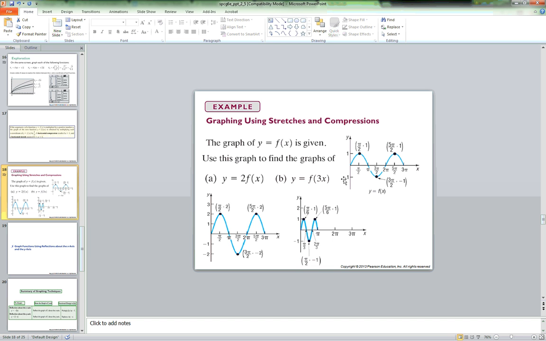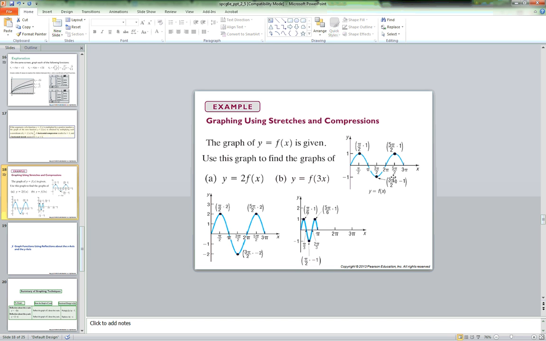So same here. Our coordinate here is pi, 0. And we're going to multiply the pi by 1 over 3. So pi times 1 over 3 is pi over 3. So instead of being at pi, 0, we're going to be at pi over 3, 0.